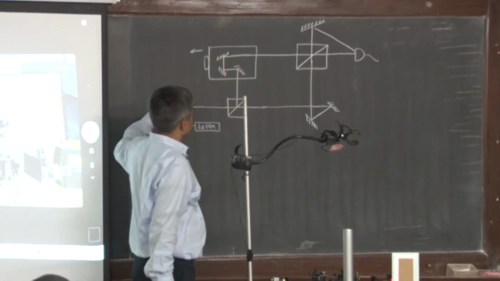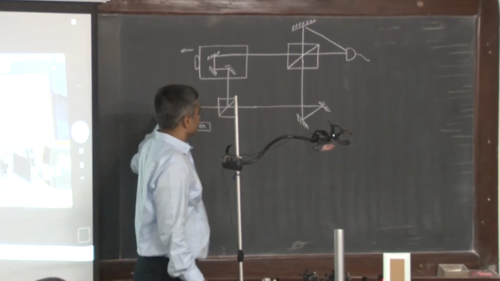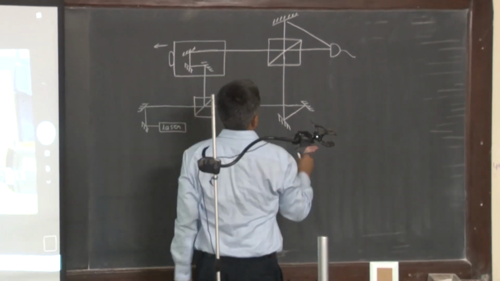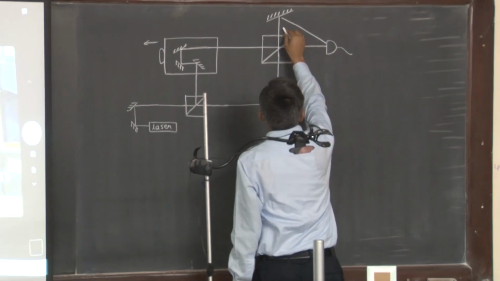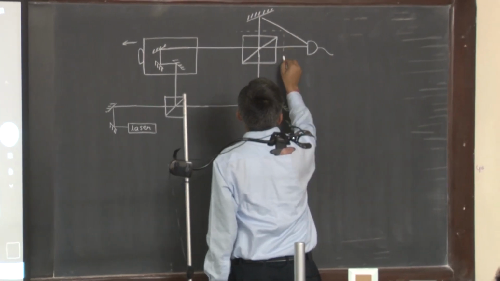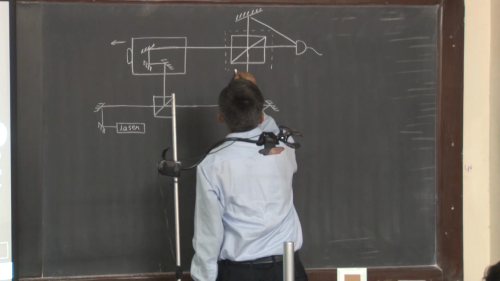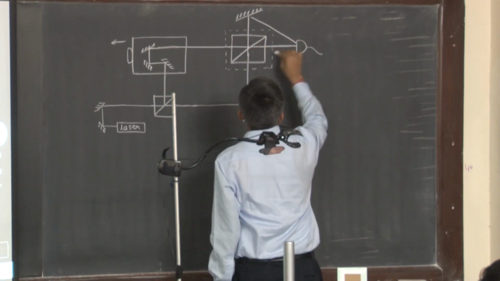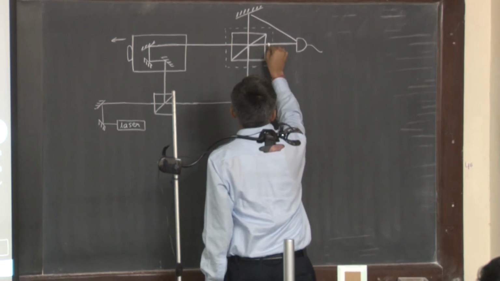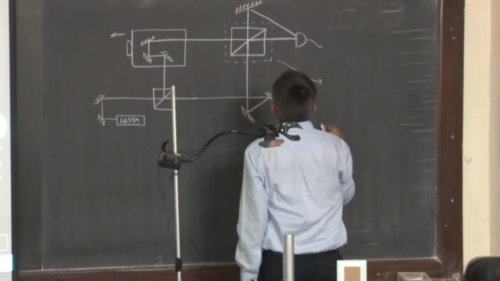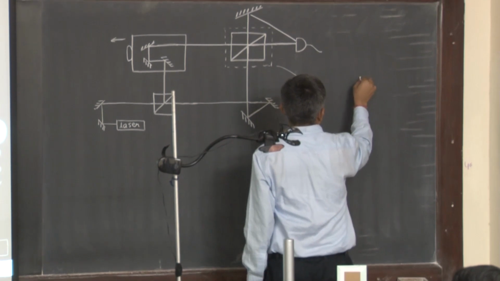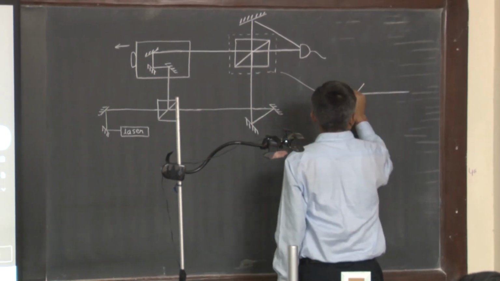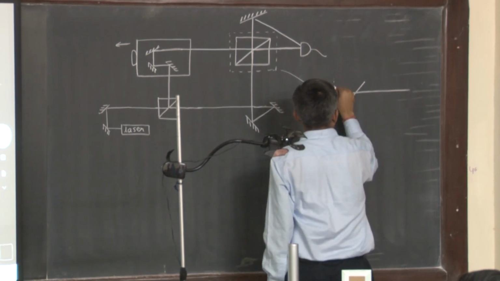Although I have drawn just a single ray, it is always a beam of light, so it has some width. So this entire thing remains the same. But what is happening here is that although I have drawn this as completely overlapping with this, what you actually have, this is a beam splitter.